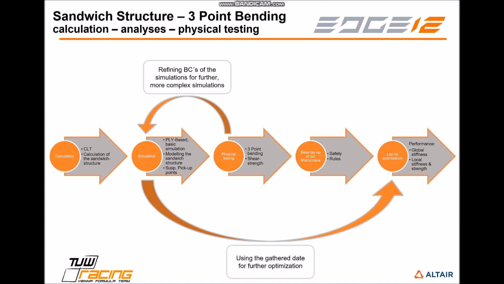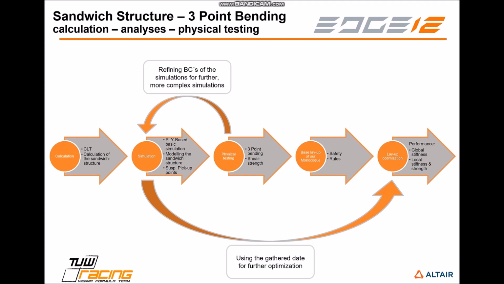But first, we start with a calculation to get an idea about the material behavior and the stiffness of the structure itself. Then we make some basic simulations to get the right ply layup, then we do physical testing, and if the test panels pass this document, then they build the base layup of the monocoque.